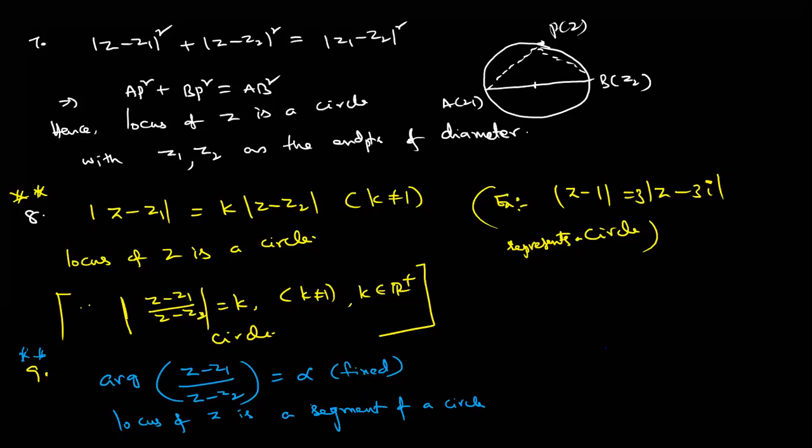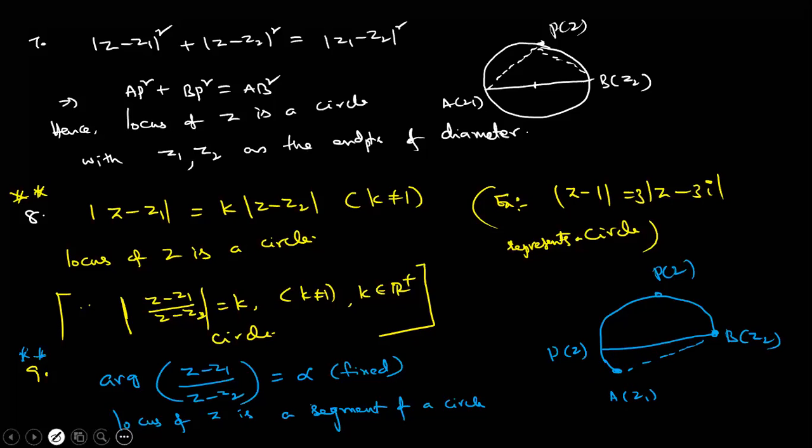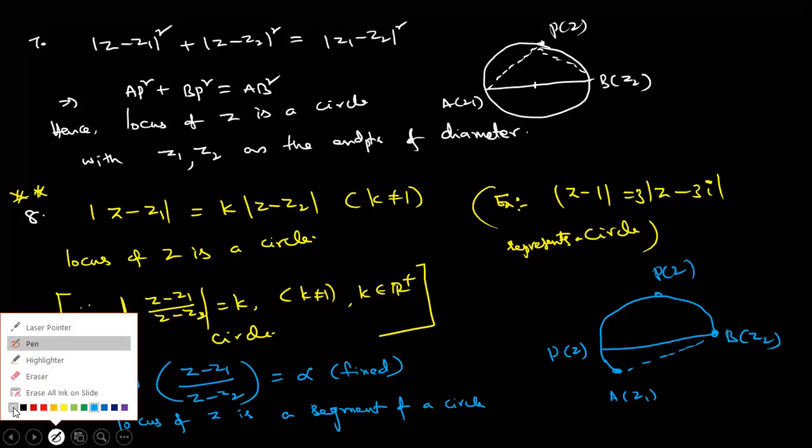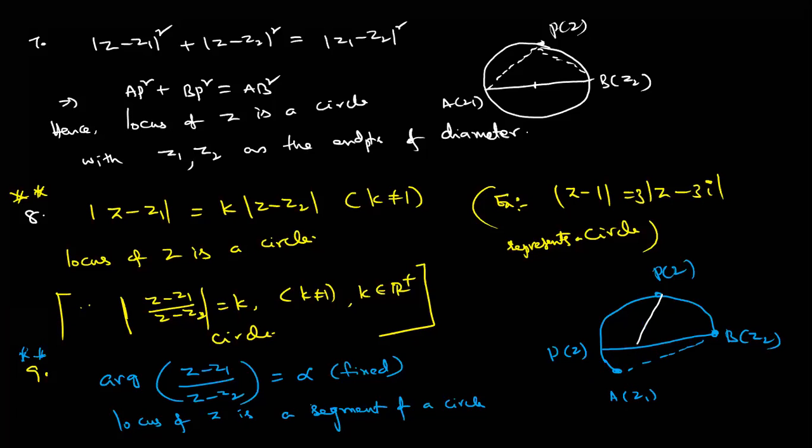Here, for example, the circle is coming like this. B of Z2, P of Z, or maybe here or here, P of Z can be anywhere. This is A of Z1. This is the angle, dear students, see.